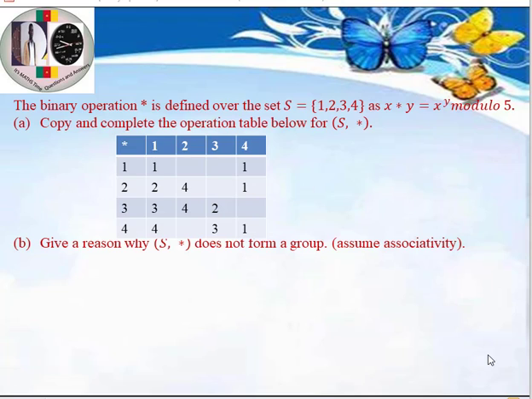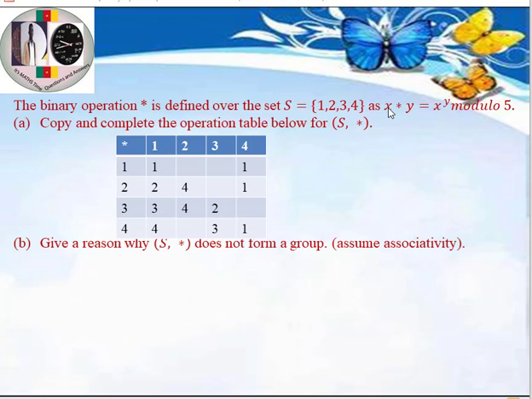So guys, before we handle these questions, we need to know what modulo actually is. Modulo means that we are concentrated on the remainder. Any time we divide the value of that operation by 5, we should take the remainder and fill it on the table. That is the meaning of modulo.